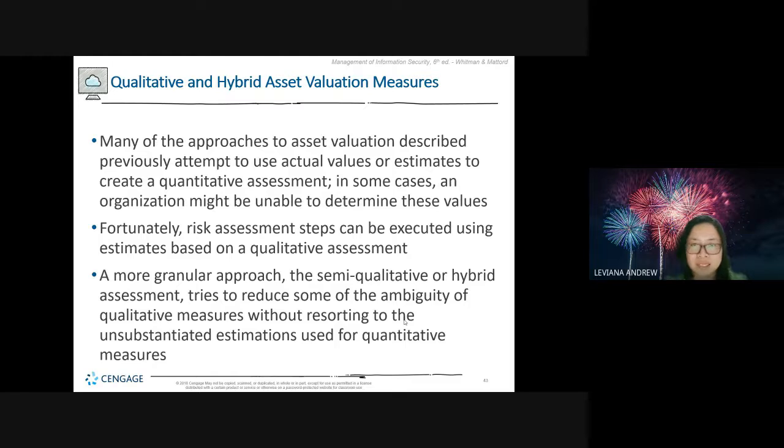So we use qualitative data, meaning we interview people, and then we use quantitative measures. Quantitative measure means we look at the documents, we look at the costing. Therefore, we use both qualitative and hybrid asset valuation measures.